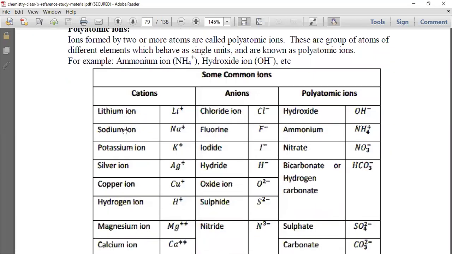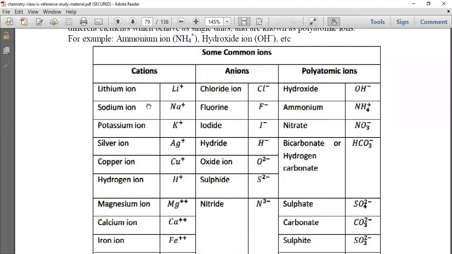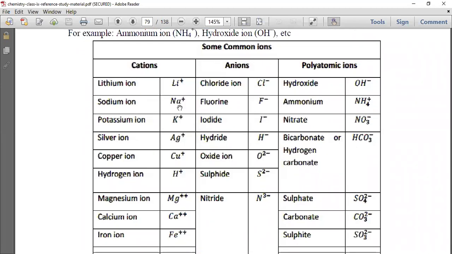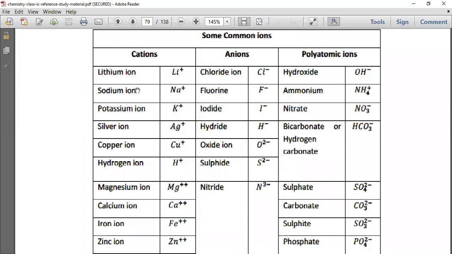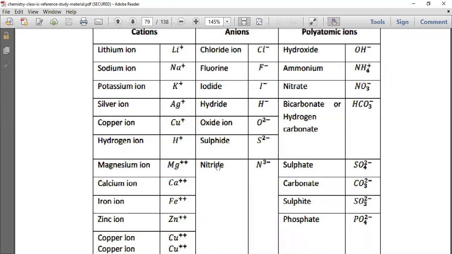Look at this table, some common ions, cations, anions and polyatomic ions, very easy, right? Lithium ion, sodium ion, potassium, silver, copper, hydrogen, magnesium, calcium, iron, zinc. And in anions, chloride, fluoride, iodide, hydride, oxide, sulfide, nitride, right?